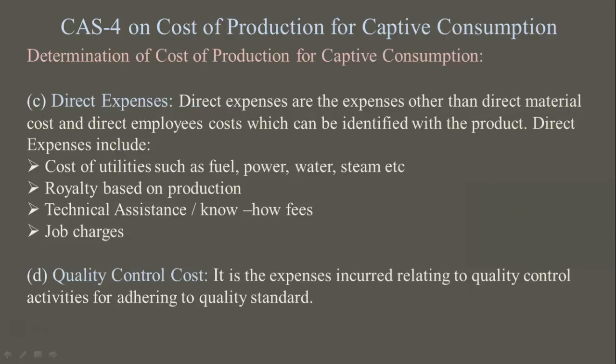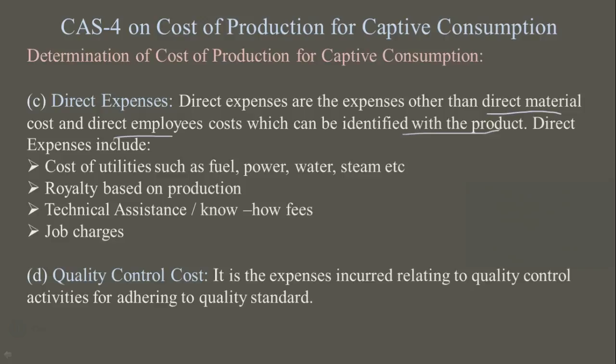Now the next one is direct expenses. The third one is direct expenses. Direct expenses are also part of cost of production, and they are the expenses other than direct material and direct employee cost, which can be identified with the product. So all the costs which are directly identified with the product are direct costs.